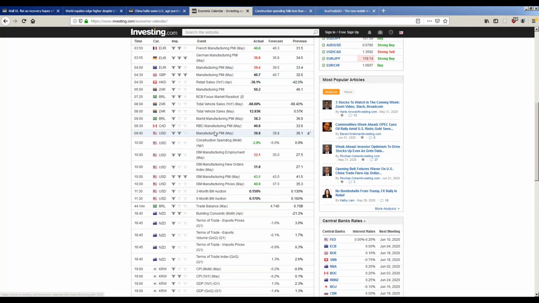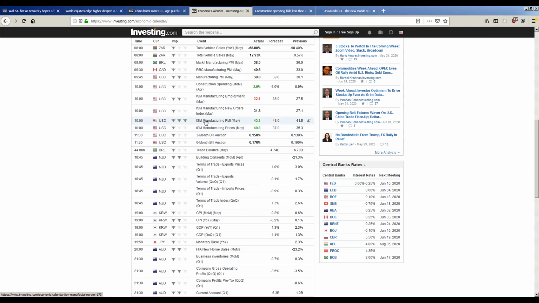As we go down, we look at other numbers. The ISM manufacturing PMI out of the US, better than expected. Manufacturing prices better than expected out of the US. So good numbers coming out of the European Union. Well, I shouldn't say good, but better than expected, showing at least improvement coming out of the pandemic.